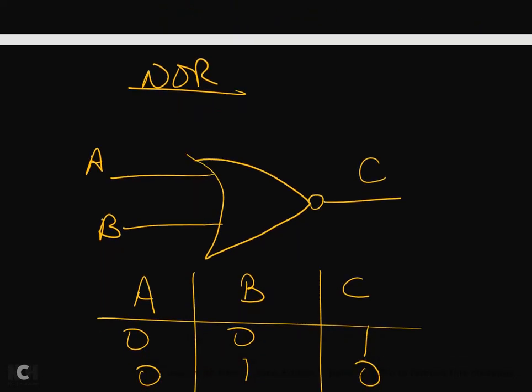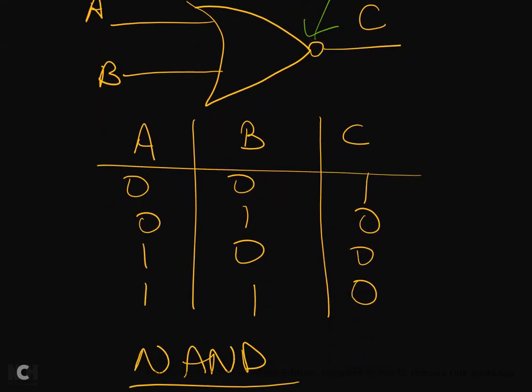Now, the NOR gate is also called NOT an OR gate. Because I have this inverter symbol here, it shows that I am negating the output of an OR gate. Previously in an OR gate, once you had a 1, your output was 1, but in a NOR gate, when you have a 1, your output is 0. Only when I had no 1s, I would have had an output of 0, which is now 1.